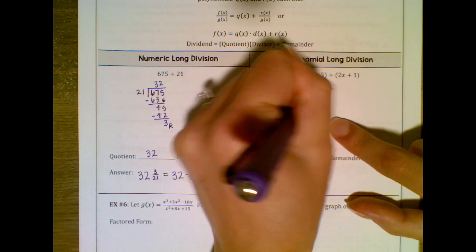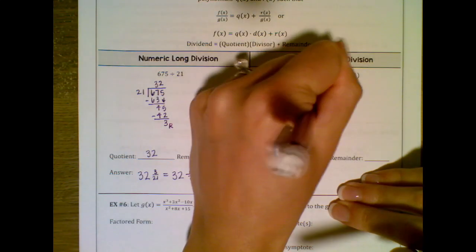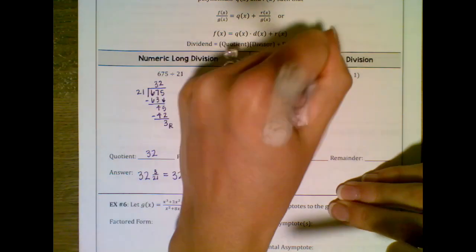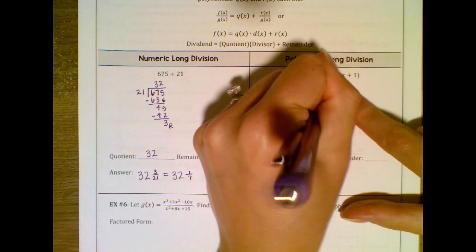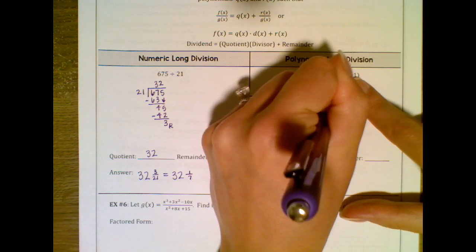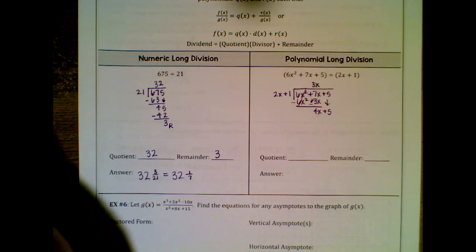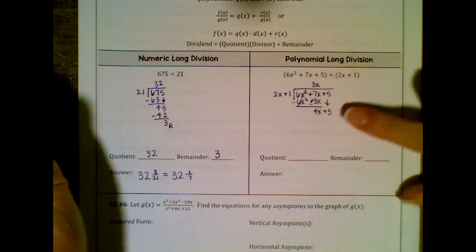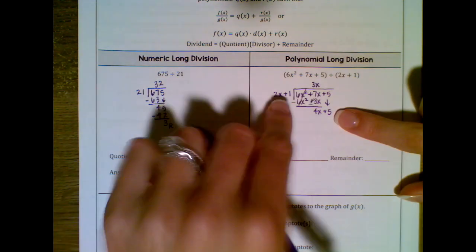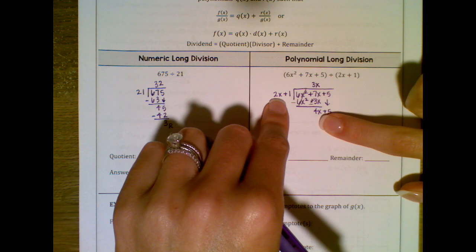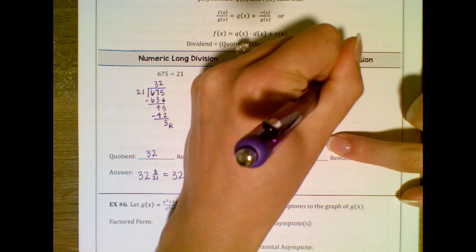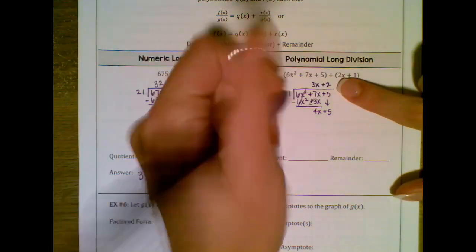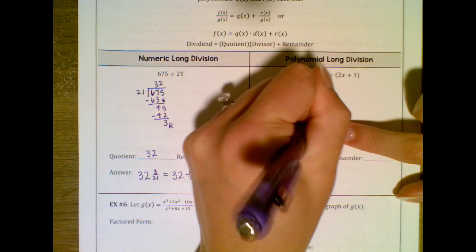Then I'm going to subtract these terms, so that changes the signs. Those cancel. 7x minus 3x is 4x. And bring down the 5. Now, 2x times what gives you 4x? That'd be positive 2, so that's plus 2 right there. 2x times 2 is 4x.